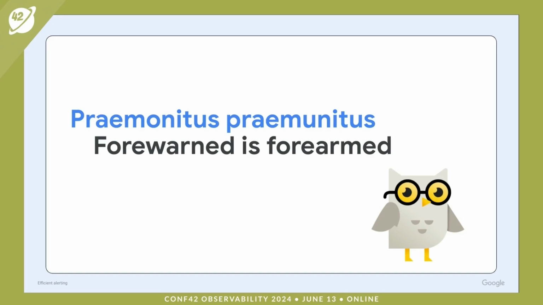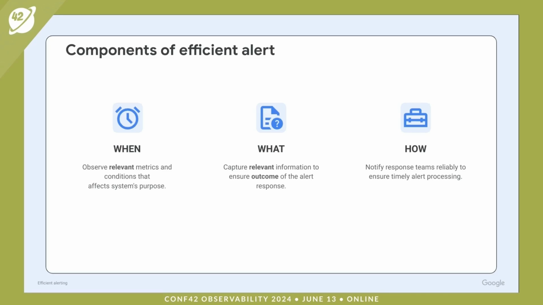Alerting should help us address urgent problems and fix found problems quickly. So, what does it mean to have an efficient alert? Let's look into three components of the alert. The when is the alerting condition, which is responsible for controlling frequency and relevancy of created alerts. The what is responsible for information related to the alert.